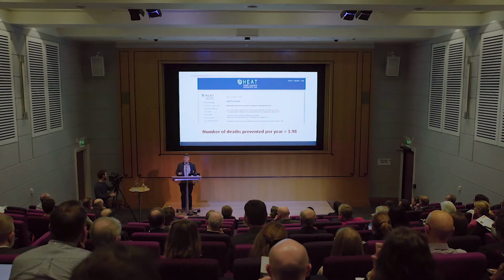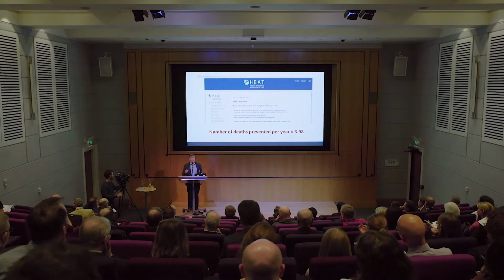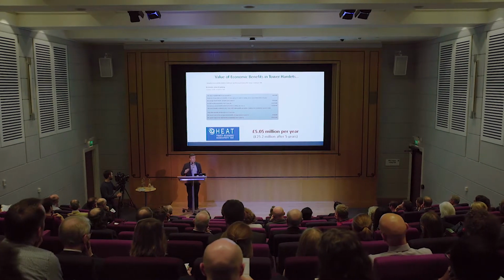And of course, with a value of statistical life of £2 to £3 million, those still make substantial savings on an annual basis. So again, you can start to look at the health benefits and economic benefits that would accrue over 5 or 10 or 20 years if you were able to achieve changes like that.